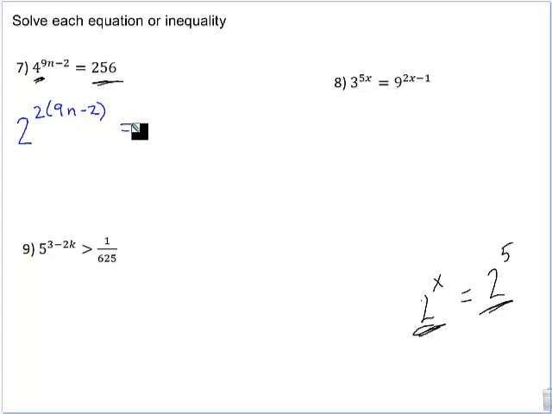To the 8th power? I'm just going to double check. All right, so that's 2 to the 8th, so we're going to rewrite that as 2 to the 8th.